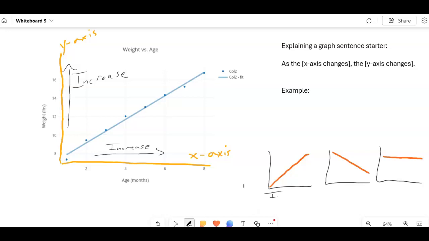This one, as our graph goes on, whatever we're looking at is increasing. For this one, whatever we're looking at is decreasing. And then the third one, whatever happens to our graph, it's staying the same. Okay, so it increases, decreases, or stays the same. And that's going to play into what we're going to use for our example here.